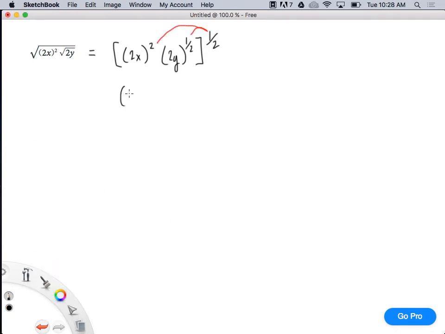So this is going to become, it was 2x squared, but now it's 2x, 2 times 1/2 is just 1, right? So 2x to the first power. And this was 2y to the 1/2, but now it's 1/2 times 1/2, so it's 1/4. You see?